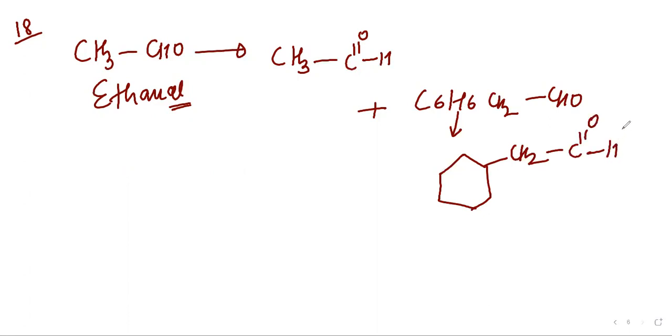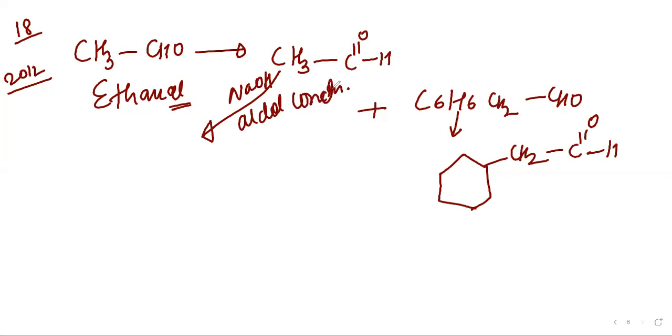Right. So how will you distinguish between these two compounds? Asked in 2012. So this aldehyde can react with NaOH, which does aldol condensation. And with I2 it gives the iodoform test.